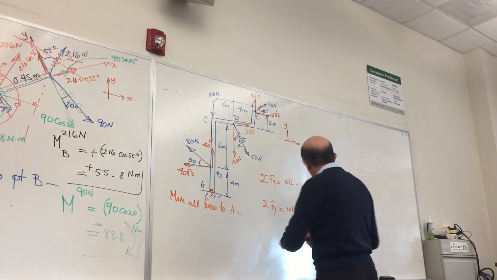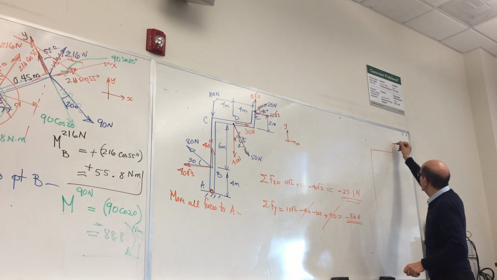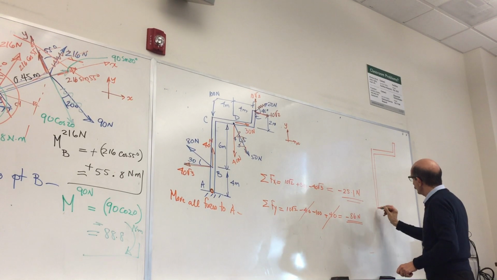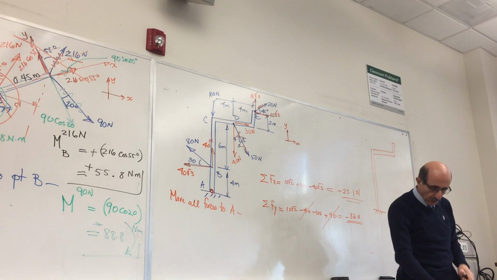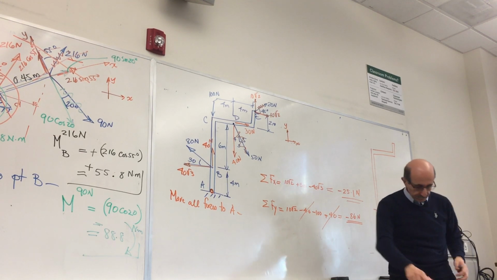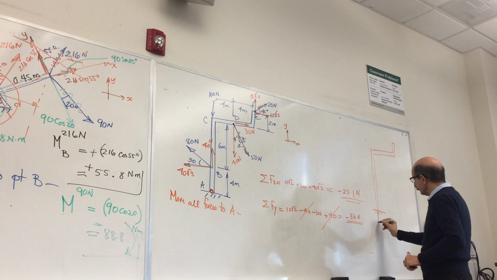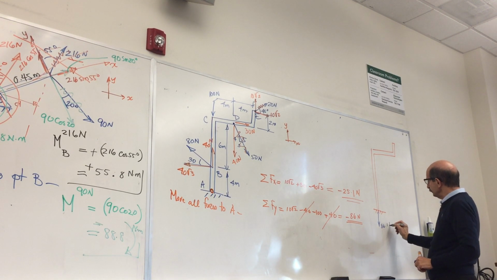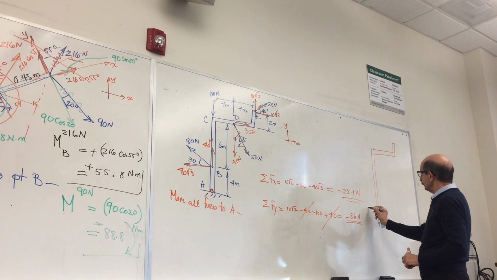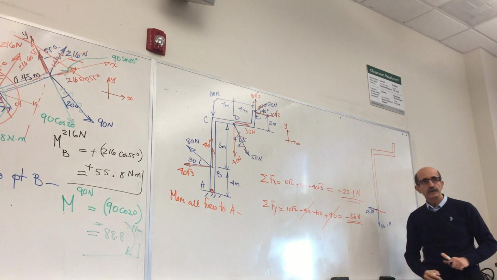So what that means is you will have a force with these components acting at that location. You have a force of 86.1 Newton and a force of 25.1 Newton.